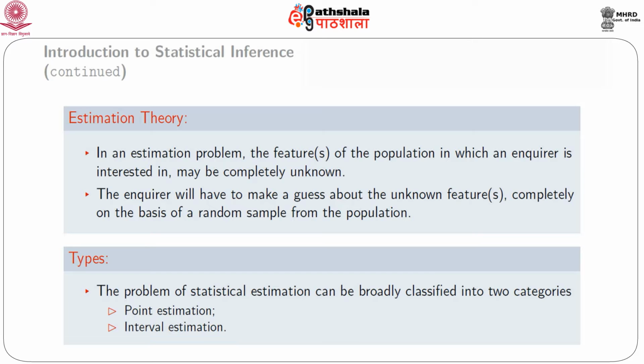In an estimation problem, some features of the population in which an inquirer is interested may be completely unknown. The inquirer will have to make a guess about the unknown feature completely on the basis of a random sample from the population.